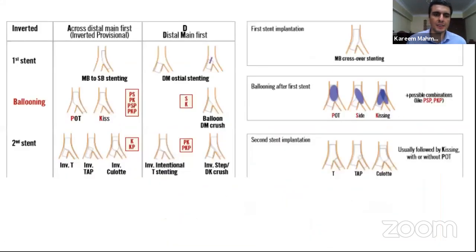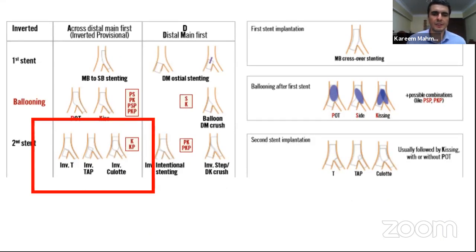And the third option is also like the first option, which is inverted Culotte or inverted T, meaning that the stent will go into the main vessel and stenting the ostium of the side branch, then dealing with the main branch as the side branch. So in the Culotte technique, we can start with the main branch, or we can start with the side branch, according to the issues that we will discuss in the next slides.